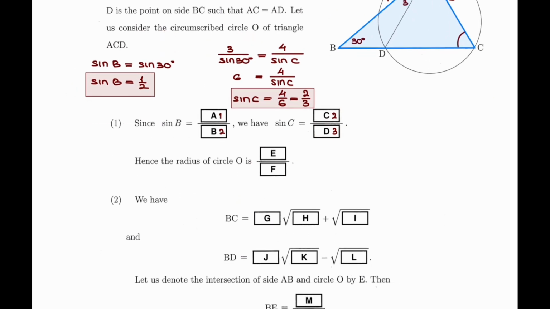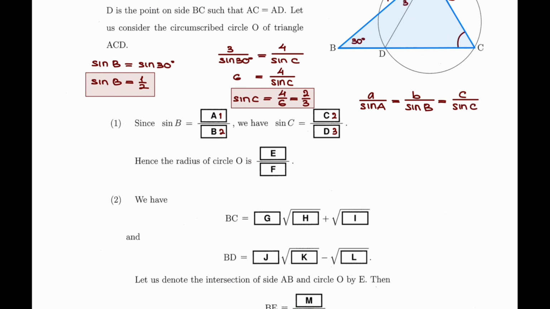The radius of the circumscribed circle, I remember the formula by using sine rule. If you remember the sine rule, we have A over sine A equals B over sine B equals C over sine C. This is my sine rule.